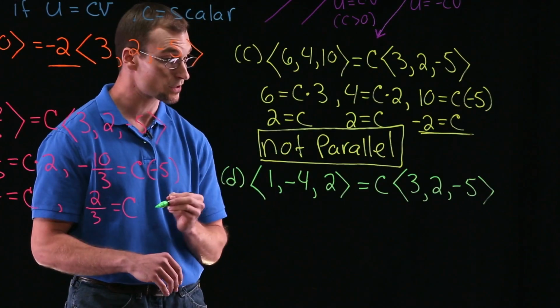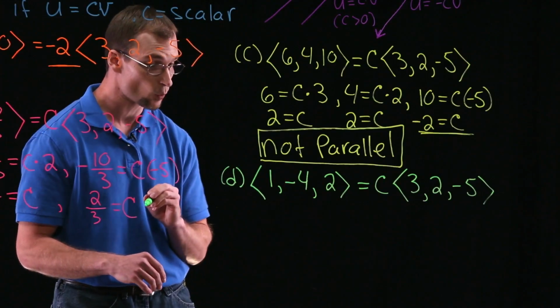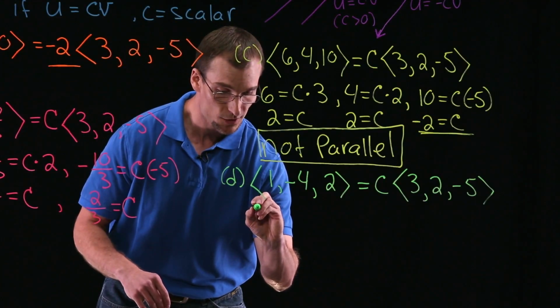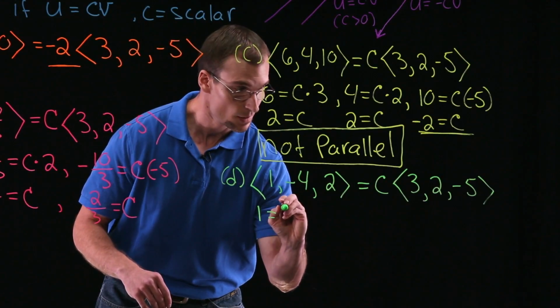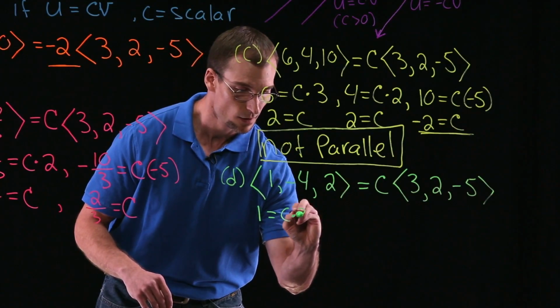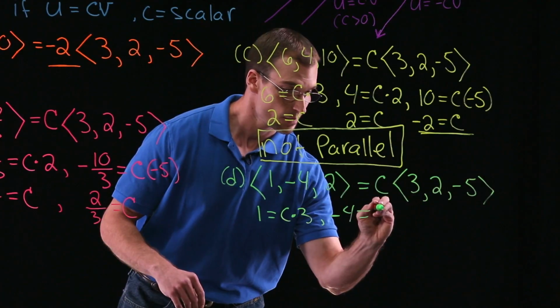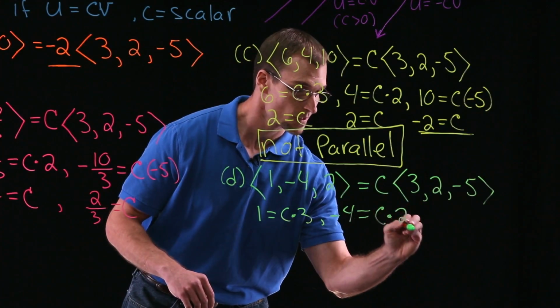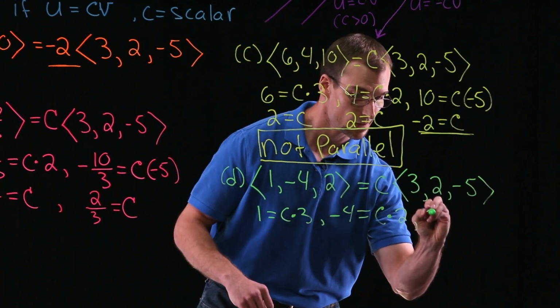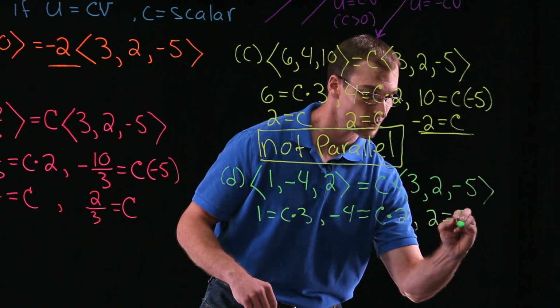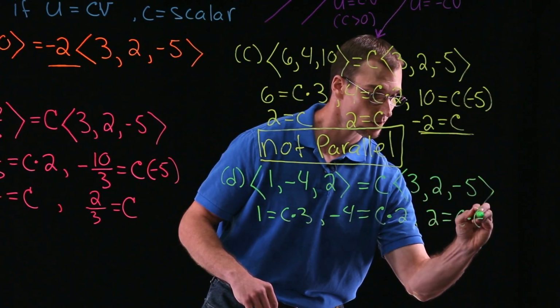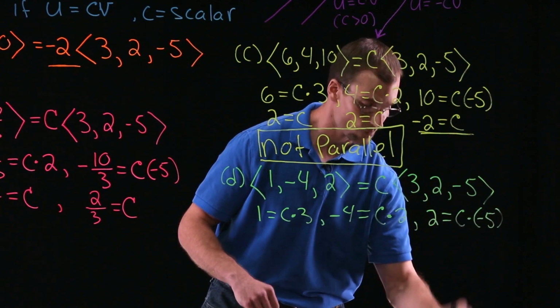And we'll get started doing the same equation solving technique. So we want to see if 1 is equal to c times 3, negative 4 is equal to c times 2, and is 2 equal to c times negative 5.